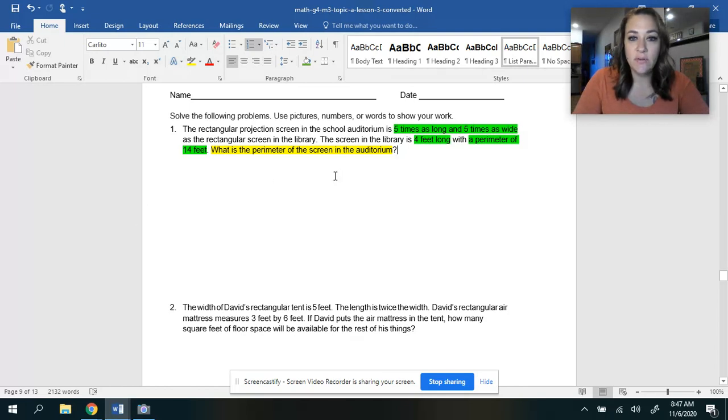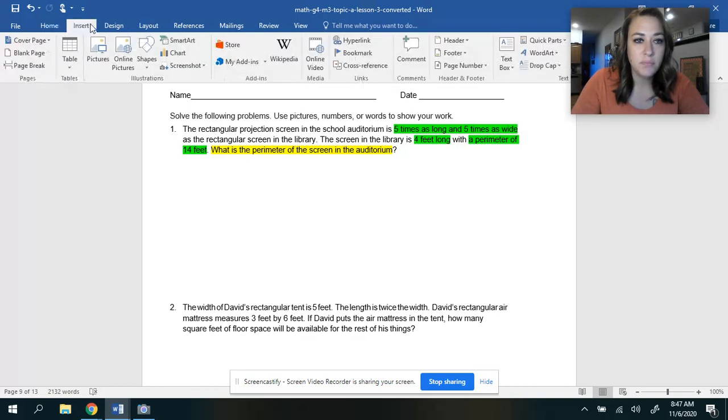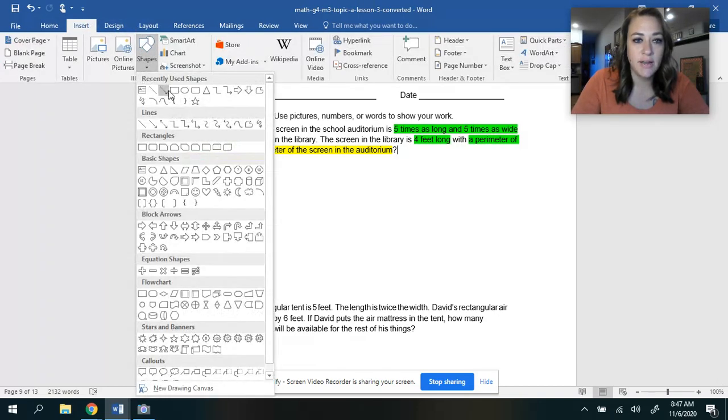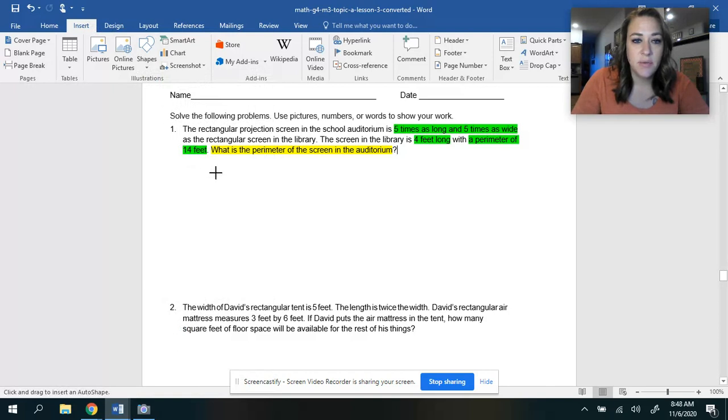So because we have 2 screens, I'm going to draw the first one that we already know some things about. So the screen in the library is 4 feet long with a perimeter of 14 feet, okay? So I'm going to draw that so we can work with that a little bit.